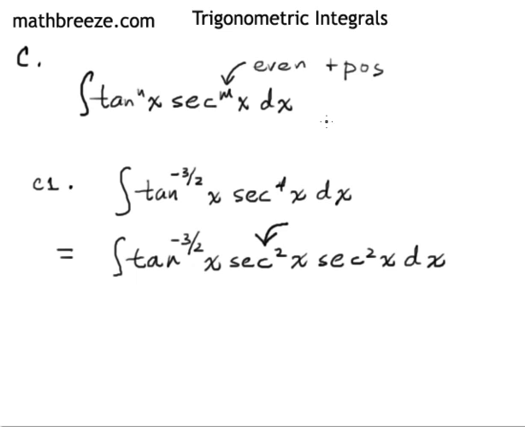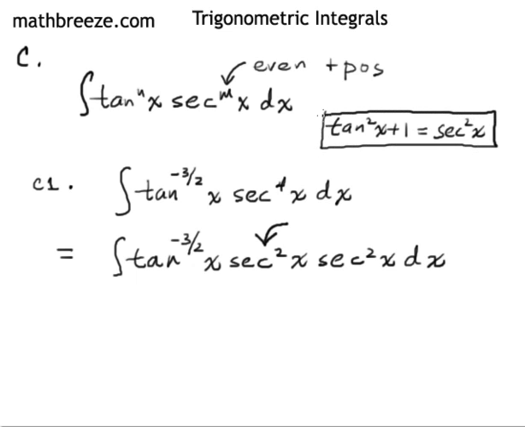And here's the trig identity, you're probably familiar with this: tan squared x plus 1 is equal to secant squared x. So we'll replace secant squared x with tan squared x plus 1.